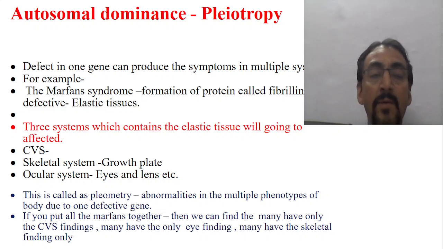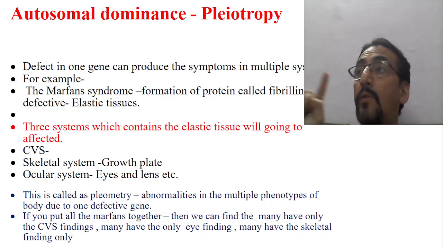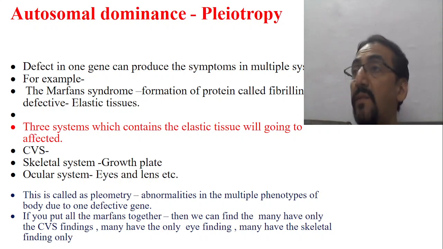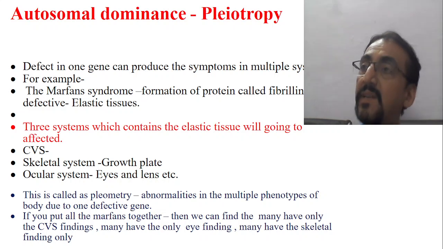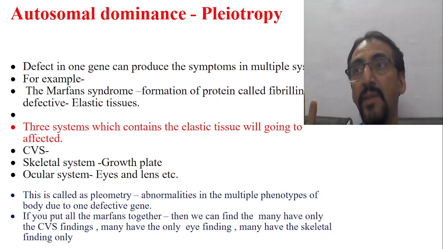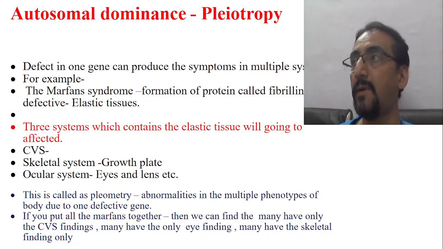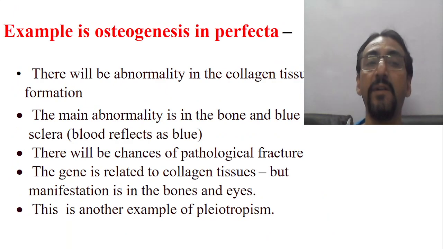So this is called pleiotropy. Therefore, in autosomal dominant disorders, multiple systems are affected, or any one system can be affected, depending upon the severity of the mutant gene. And this aspect is called pleiotropy.